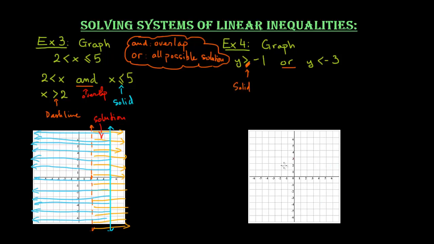So y equal to -1, which is right here, and that will be a horizontal line going through that point. y greater than -1 means I have to shade above the line. So I will go ahead and shade above the line.